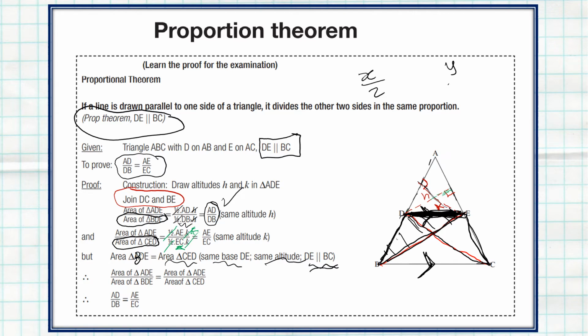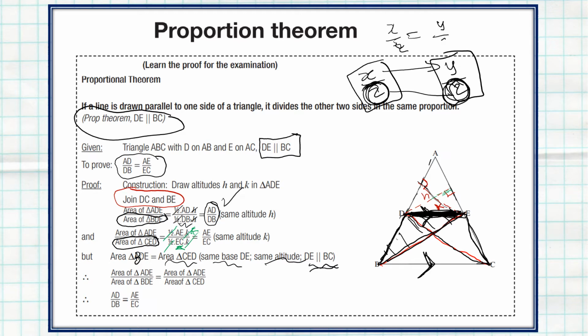X over 2 and I have y over 2. From these two ratios, we can see that the bases are equal, right? I mean the denominators are the same, they are both 2. Then we can also equate the whole equation to say x over 2 is equal to what? Is equal to y over 2, because the things under are equal. If the denominators of two ratios are equal, it means also the numerators will be equal, and if you cross multiply, you realize that was correct.